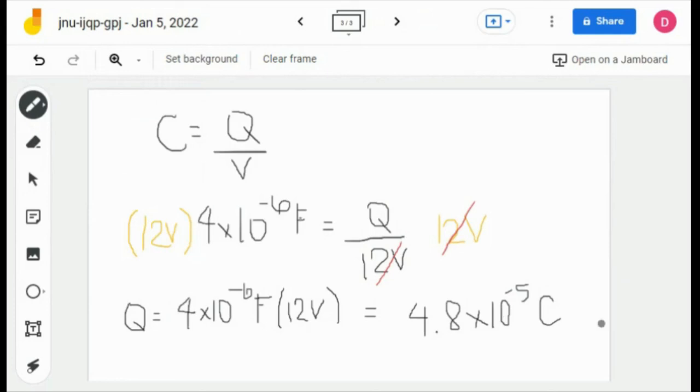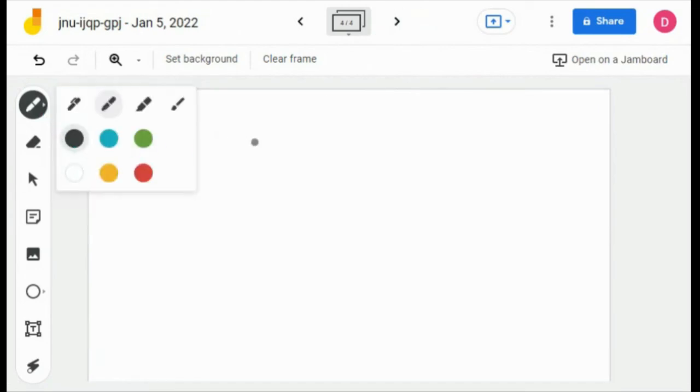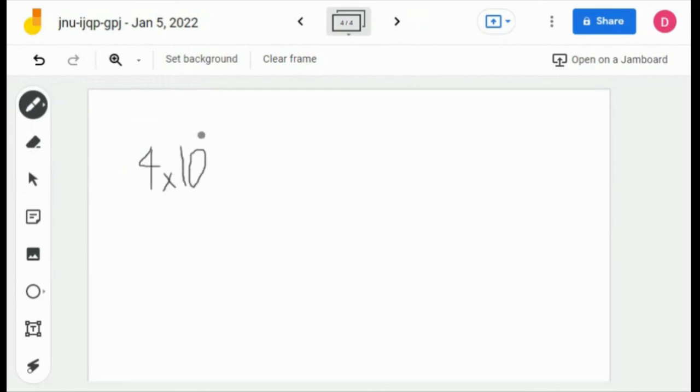Now let's also show it manually. Let's show how a 4 microfarad capacitor is connected to a 1.5 volt battery. So we use the same process. We have here 4 microfarad, which is equal to 4 times 10 to the negative 6 farad, is equal to unknown Q all over 1.5 volts. If we want to let Q stay on one side of the equation, whatever I do on one side must be done also on the other side.